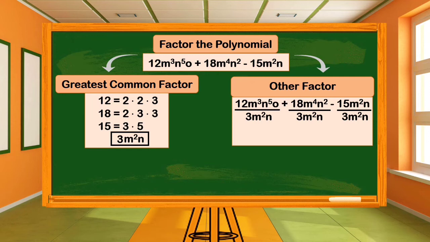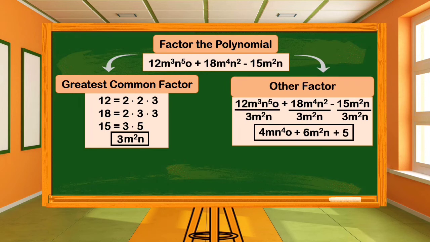By applying division and the quotient rule in the laws of exponents, 12m cubed n raised to 5o divided by 3m squared n is 4m n raised to 4o. Next, 18m raised to 4n squared divided by 3m squared n is equal to 6m squared n. And 15m squared n divided by 3m squared n is 5.